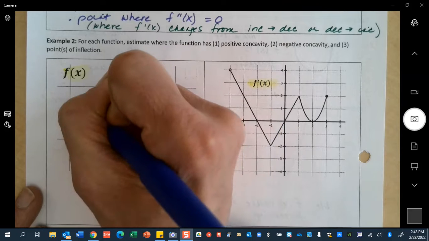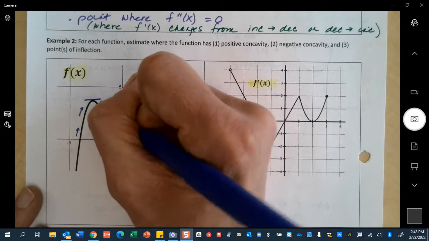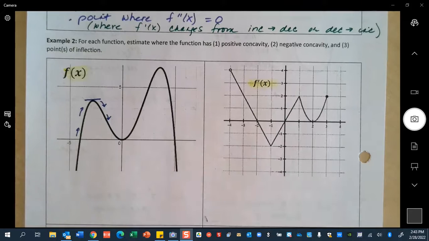My slope of my tangent line is negative. That whole blue story is my derivative decreasing and getting smaller. Big positive, smaller positive, 0, small negative, bigger negative.